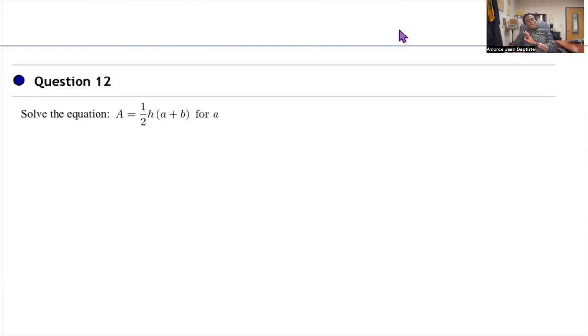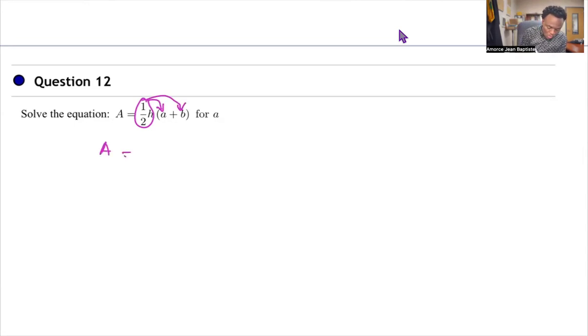If they give you capital A and lowercase a, you must consider keeping them just like they are. Now we're solving for lowercase a. So since it's inside of the parentheses and we want to solve for it, we want to try to distribute and then reach the variable that we're solving for.